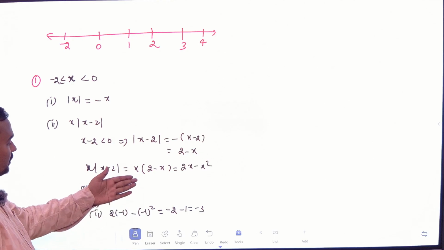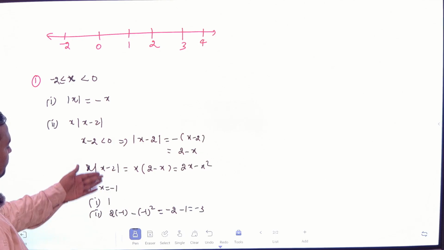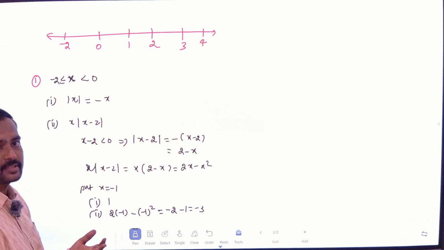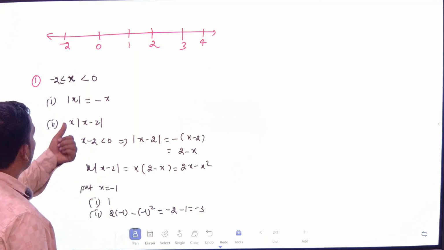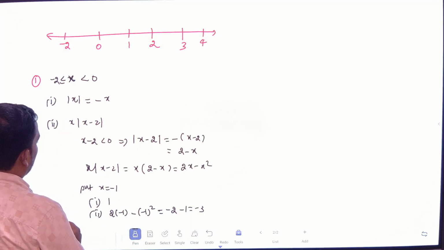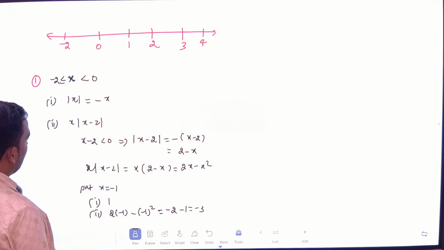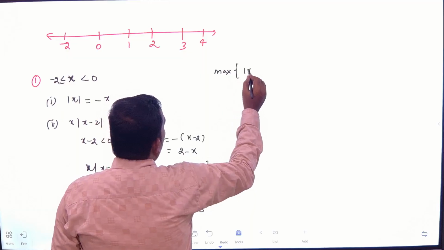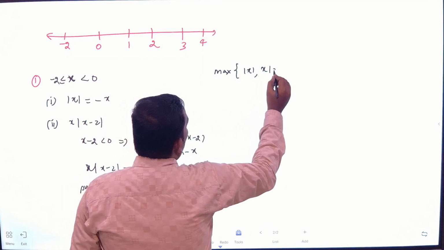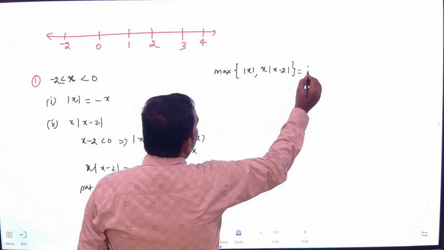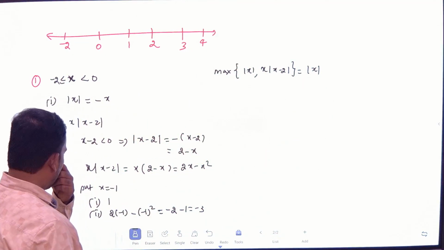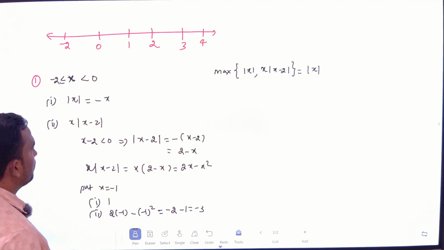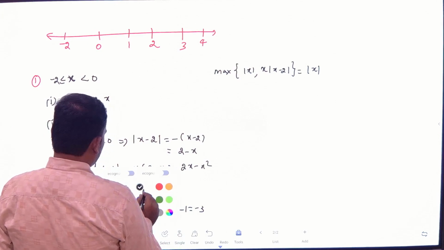So definitely this would be negative. Which is the maximum, mod x or x into mod x minus 2? Definitely the first function, mod x, is the maximum. Clear? Okay, so therefore the maximum of the two is mod x, because here 1 is coming and here minus 3. Clear? Fine.